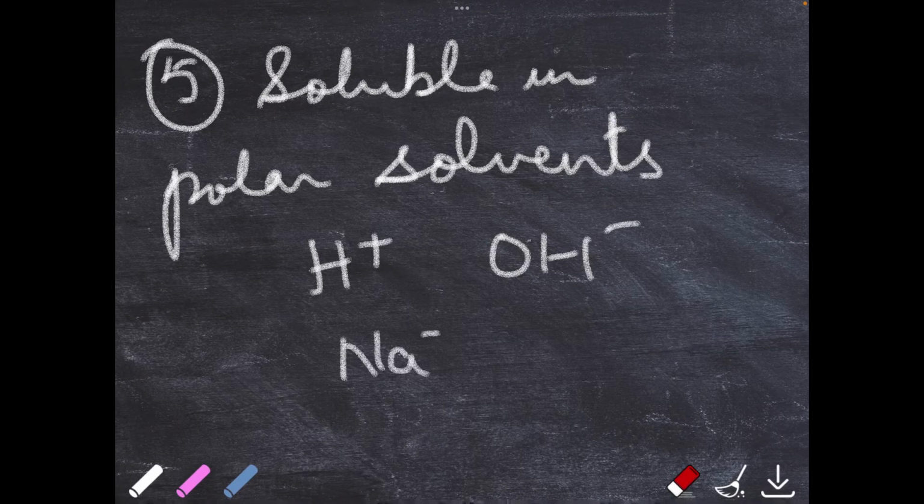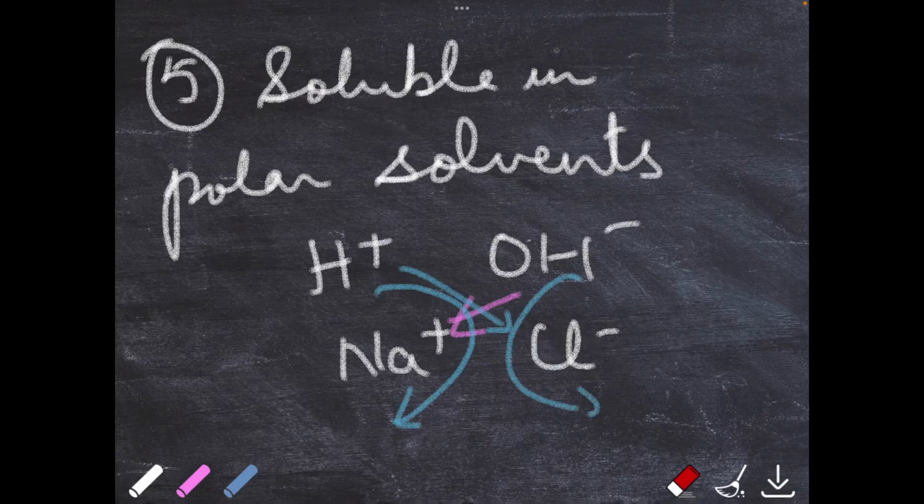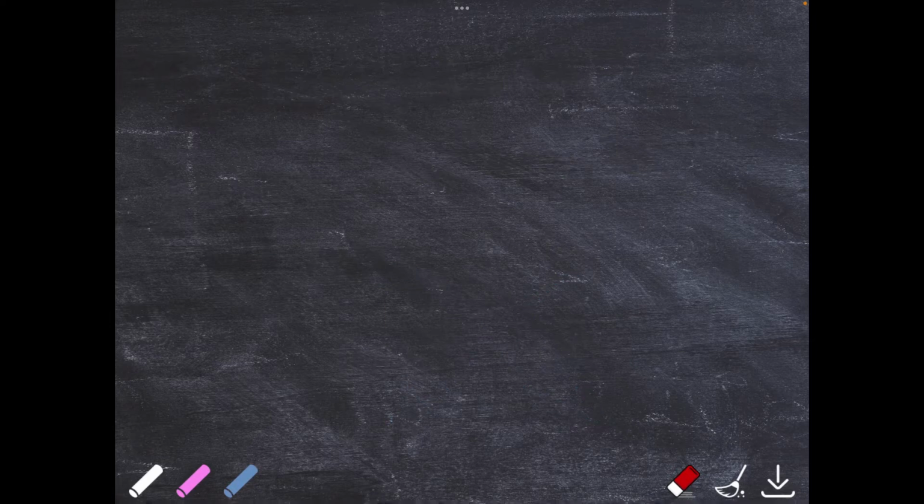And you have Na plus Cl minus, this is an ionic compound which is itself polar in nature. And how are they soluble? Na plus is pulled by OH minus ion, and Cl minus is pulled by H plus ion. As a result, they separate from each other. Okay, so they are soluble in polar solvents.